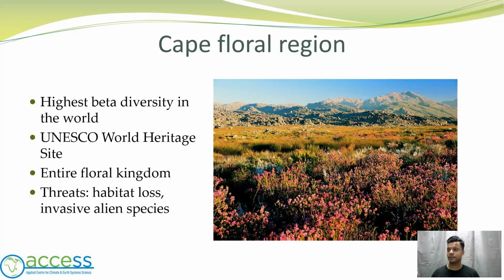It is recognized as the world's hottest hotspot for diversity of endemic and threatened plants. There are 9,000 species of fynbos found in the Cape area. Of the 9,000, 6,200 are endemic, and 2,000 grow just on Table Mountain. However, many of these species are threatened and facing extinction.